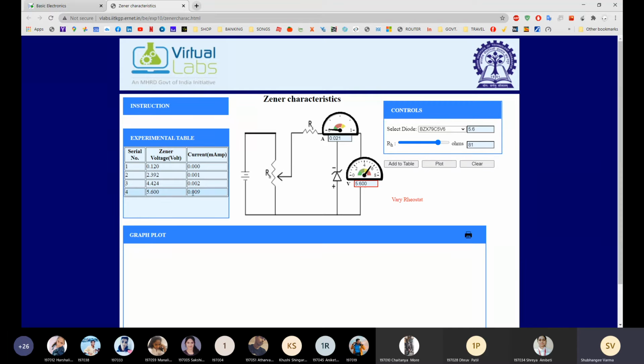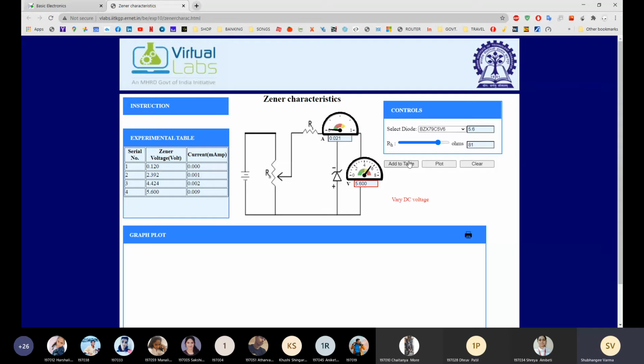First time it was 0.009, and when you go to 70, the current is increased to 0.015. When you go to 80 ohm, the current is increasing. So the voltage remains constant, but the current is changing. This is the advantage of Zener diode.